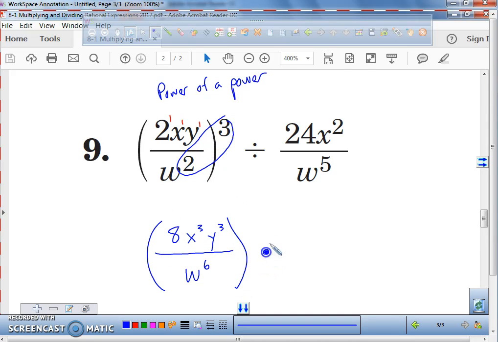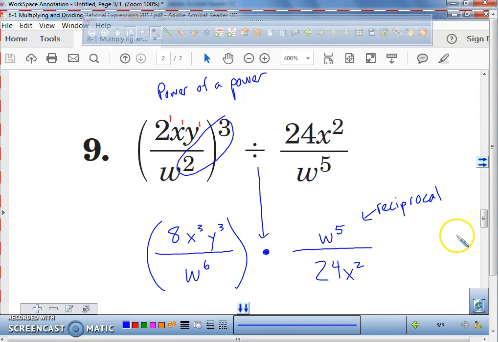Now, everybody, we're going to change the division sign to a multiplication sign. And then we're going to take the w to the 5th and we're going to put it up in the numerator. And the 24x squared, we're going to put it into the denominator. Because we've just changed this to what's known as its reciprocal.